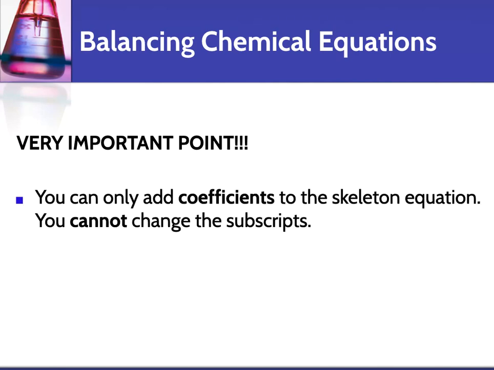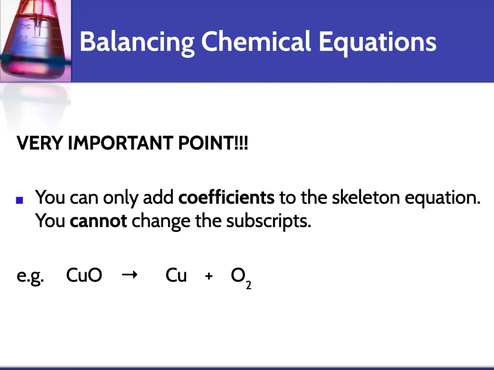An important point is that you can only add coefficients to the skeleton equation. You can't change the subscripts. Here's another example, copper(II) oxide producing copper and oxygen. On the reactant side, there's only 1 oxygen atom, and on the product side, there's 2.